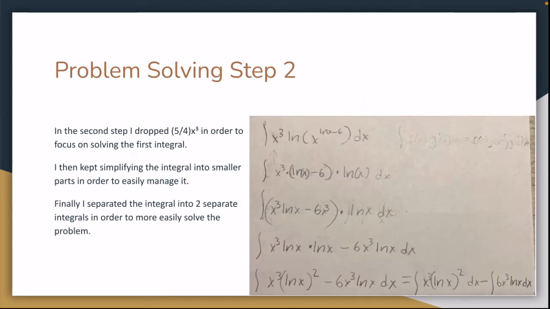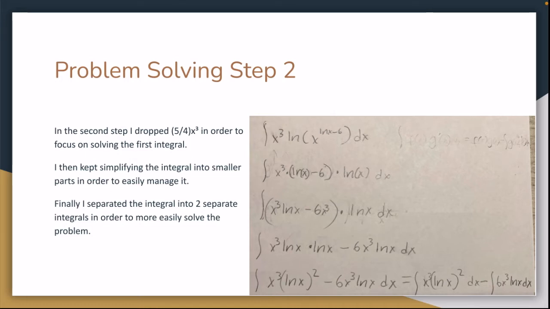Step 2, I move just the integral of x cubed times ln(x)^(ln(x) - 6) in order to focus on just that, because I already found the integral of 5x cubed.